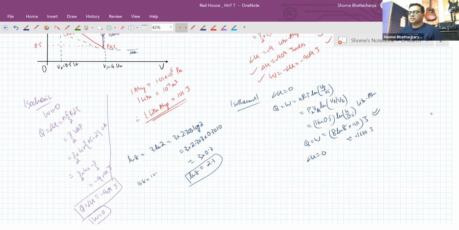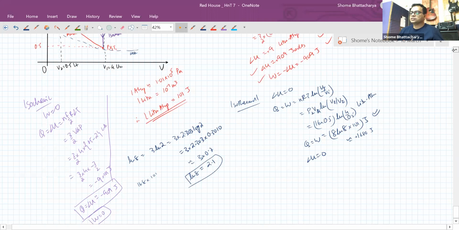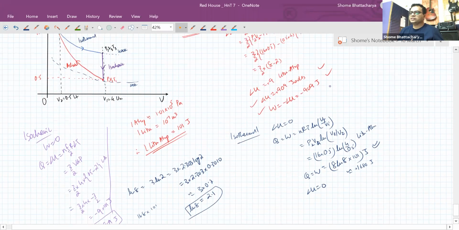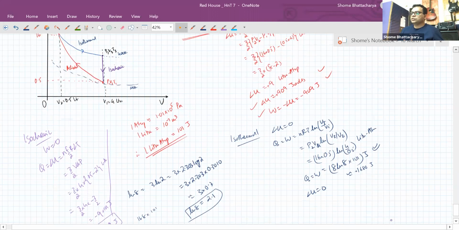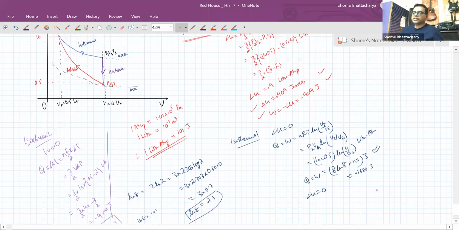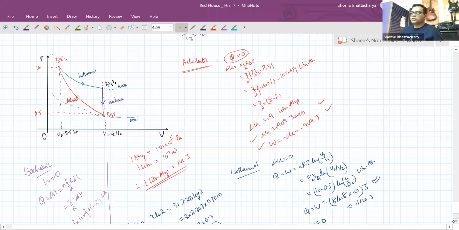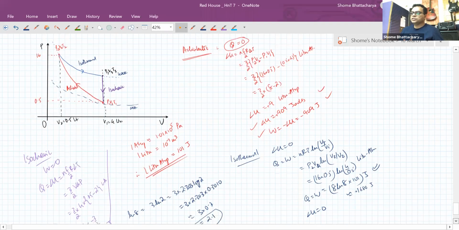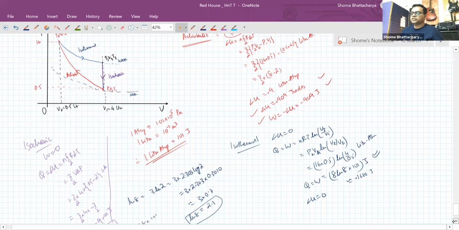Okay, so this is what comes under the category of the easier questions in first law of thermodynamics applications, because you can basically do them formula wise. You just understand how to connect the different variables. On the one hand, you always make use of the equation of state PV equal to nRT, and on the other hand, you always make use of the properties of the four standard processes: either volume is constant, or pressure is constant, or Q is 0, or delta U is 0 because temperature is constant.